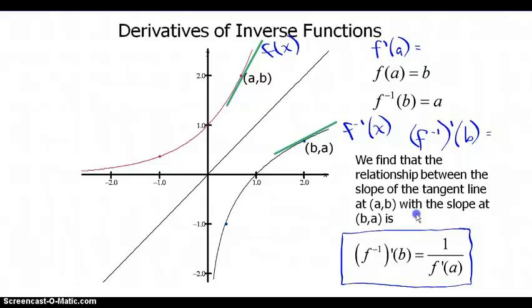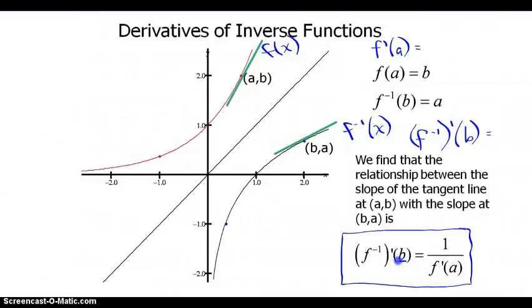The slope of the tangent line through a on f is the reciprocal of the slope of the tangent line through f inverse at b, and the same is true for f inverse prime at b is going to equal 1 over f prime of a.